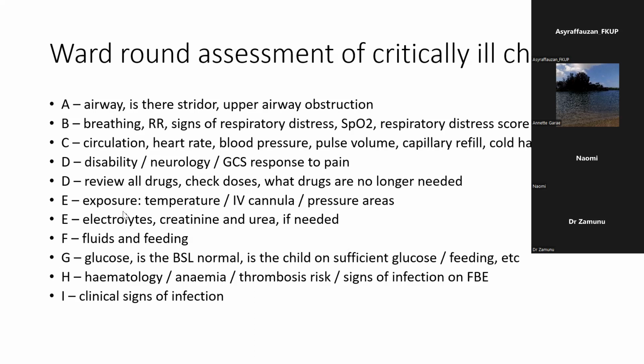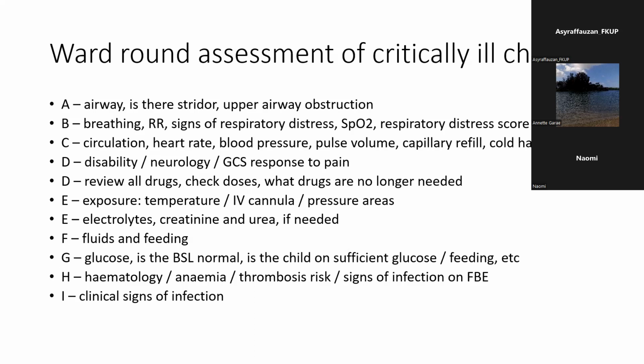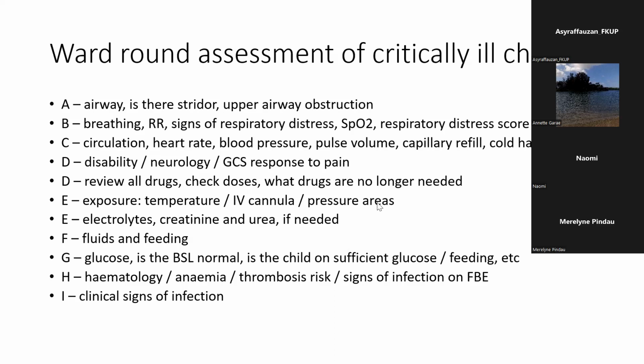E is for exposure, so think about their temperature. When children are critically ill, they often have lots of other cannulas, like IV cannulas, or they might have a nasogastric tube, and you should think, is each of these things necessary today? Think about their electrolytes and their creatinine, and then think about their fluids and feeding, the F.